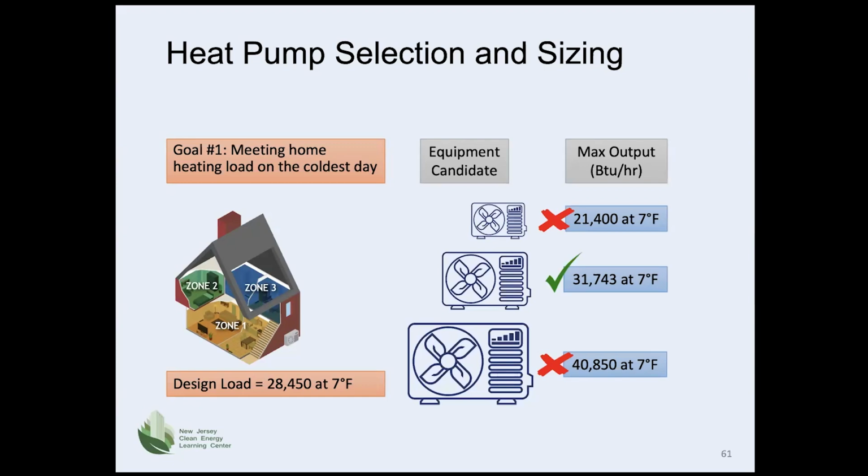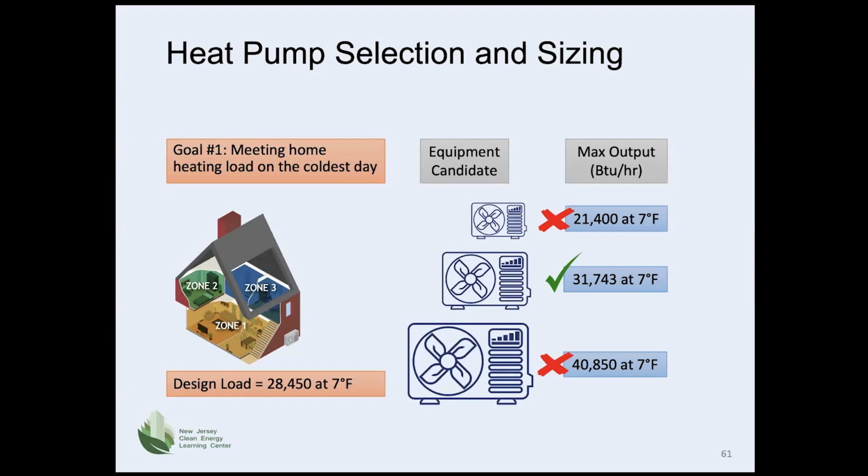So looking at the market offerings, what's out there in the marketplace from various manufacturers and their different models that might meet this load? Well, if we looked at the NEEP and the manufacturer's data for a heat pump that is rated at 21,400 at 7 degrees Fahrenheit, it's just too small to meet the peak load.